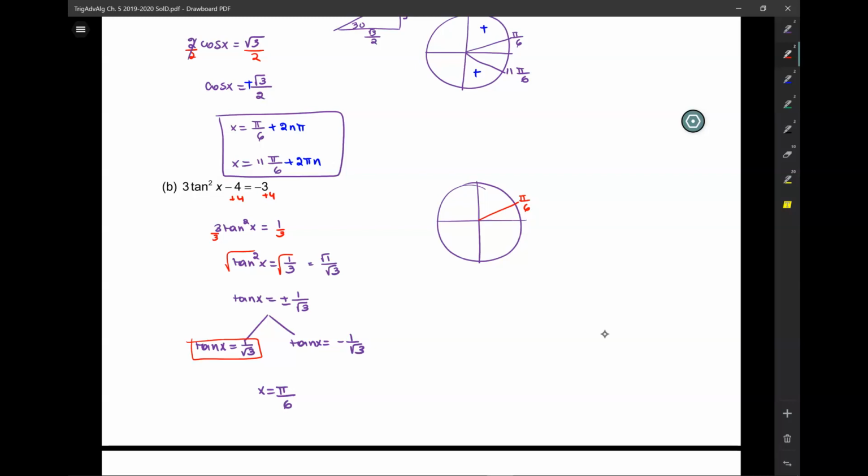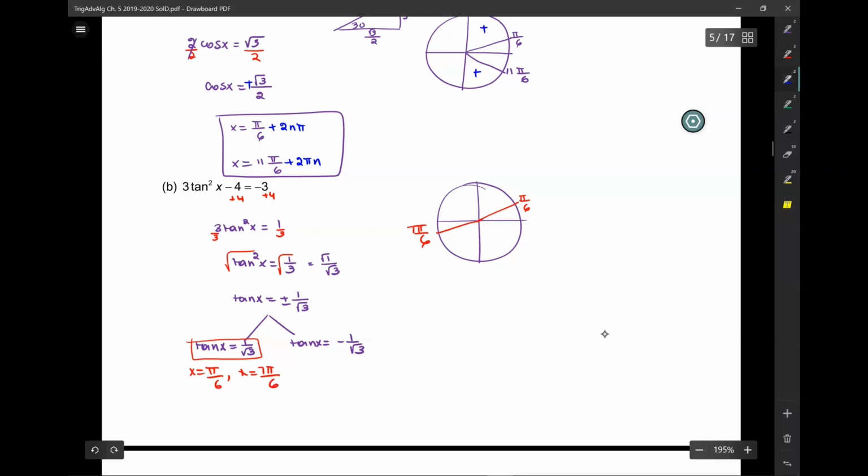In the first and the third. Okay, so what's the angle corresponding to pi over 6 in the third quadrant? What angle is that? 7 pi over 6. So here, the angles are x equals pi over 6, x equals 7 pi over 6.